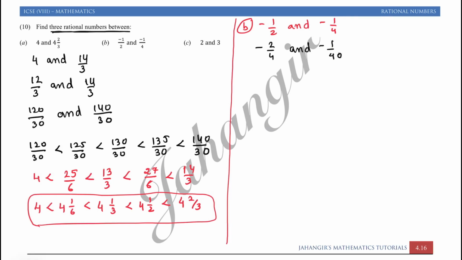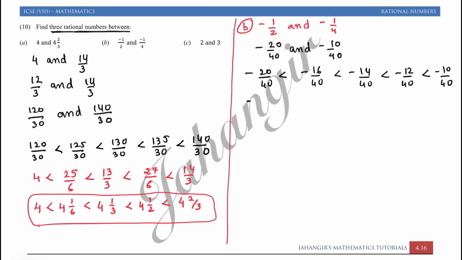Let's multiply by 10 also. So I get minus 20 by 40. We have to put 3 rational numbers now. So I can put minus 18 by, or we can write minus 16 by 40, minus 14 by 40, minus 12 by 40 and minus 10 by 40.